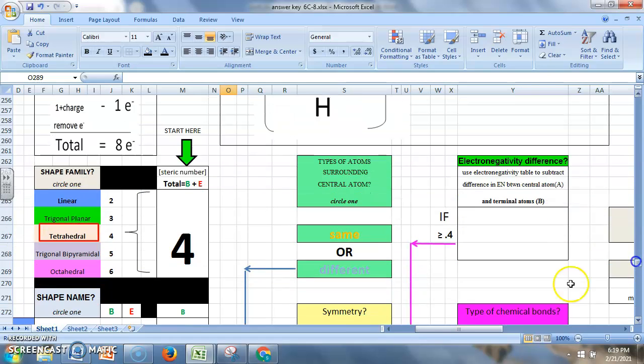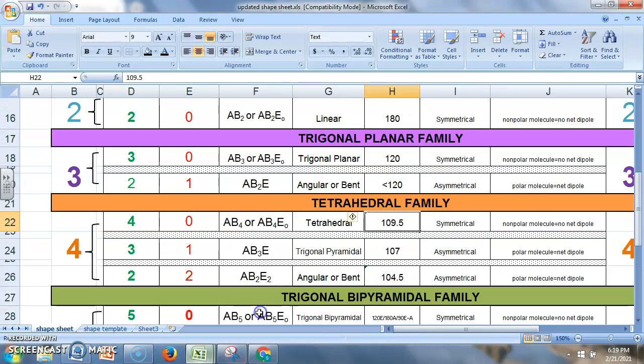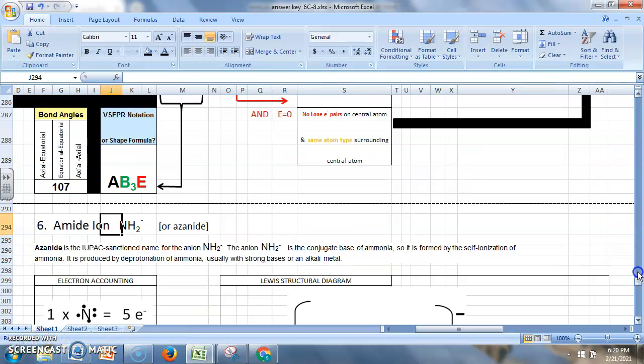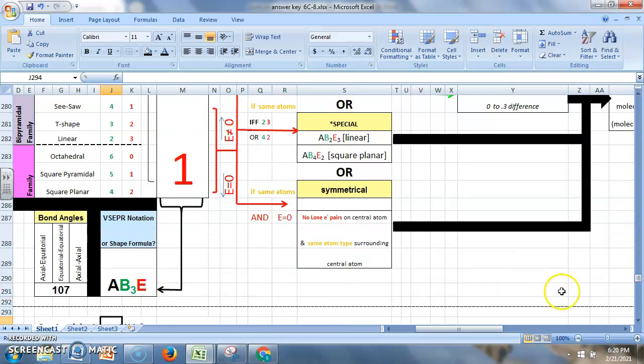If we look on your shape sheet, we'll see that it'll push them to a 107. Here's the 3 bonded atoms, 1 lone pair, trigonal pyramidal. Angle is 107. We see it's asymmetrical on the shape sheet. So we put in the 107 right here.